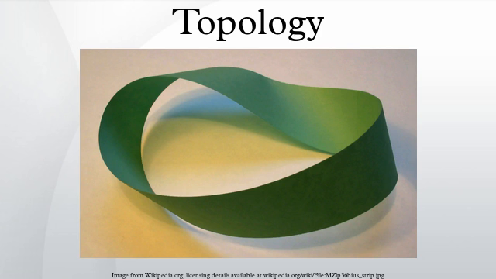Unifying the work on function spaces of Georg Cantor, Vito Volterra, Cesare Arzelà, Jacques Hadamard, Giulio Ascoli and others, Maurice Fréchet introduced the metric space in 1906. A metric space is now considered a special case of a general topological space.